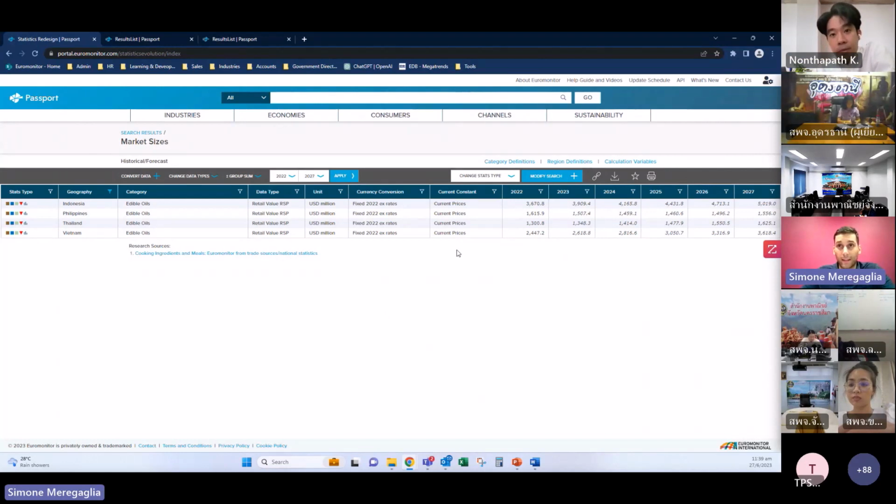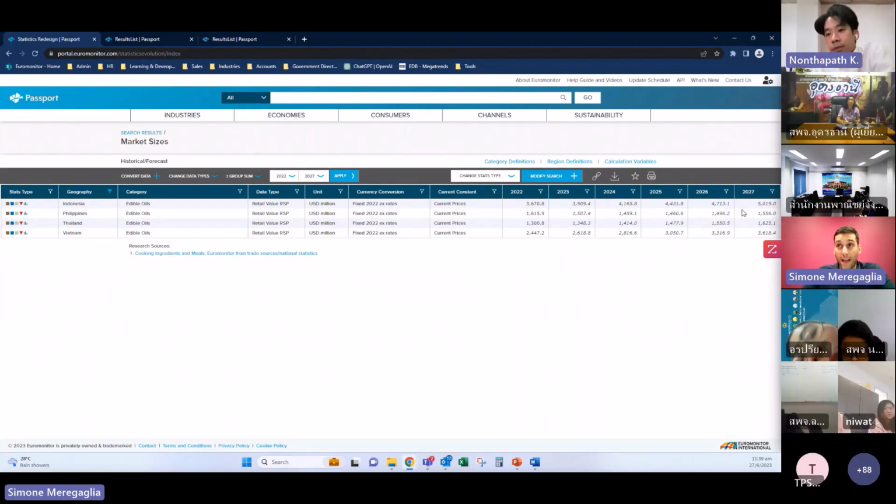And here I have, in terms of value in USD million, the projection in 2027. But of course, if a country already has a very big market size, most likely it's still going to have a big market size 5 years down the road. But what is maybe more interesting for me is to understand which country is going to grow the fastest.